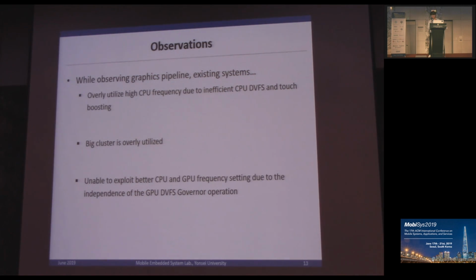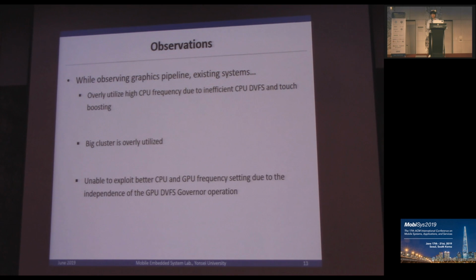So in summary, we observed the energy inefficiencies and their causes from the motivational experiment. First, high CPU frequencies are unnecessarily used. Second, the existing system was overutilizing the big cluster.